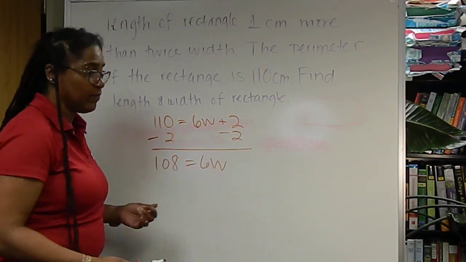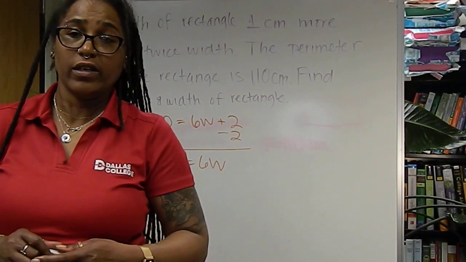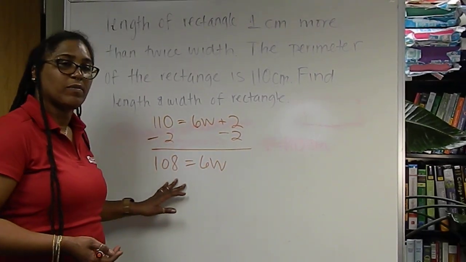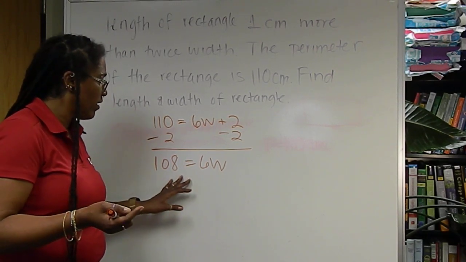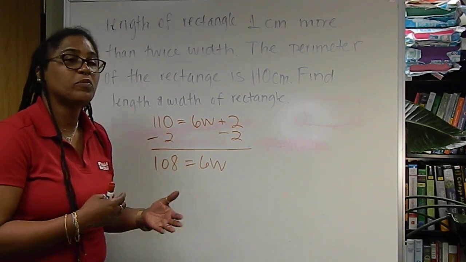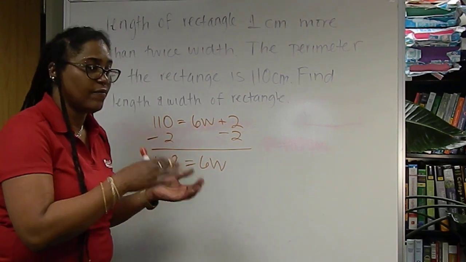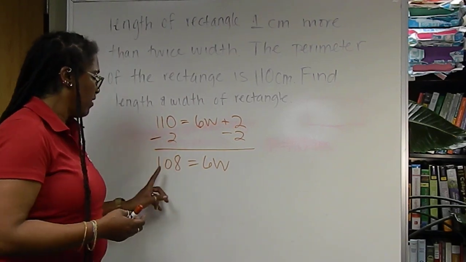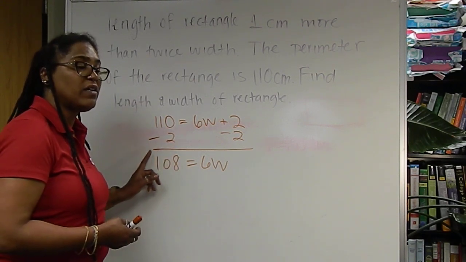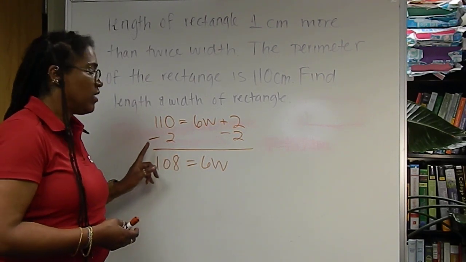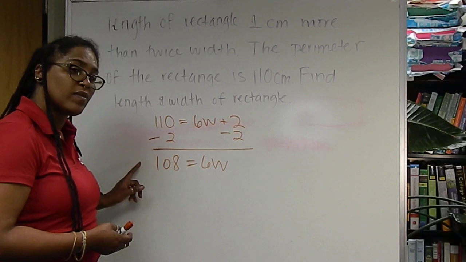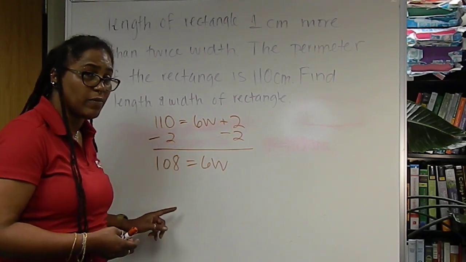Now I'll tell you a little secret about divisibility and factoring. This is just your basic divisibility rules, but 108, right? Does 6 go into 108 evenly? Well, I thought to myself, 6 is a multiple of 3. If you add all 3 digits, and the sum of the digits is a multiple of 3, then that number is divisible by 3.